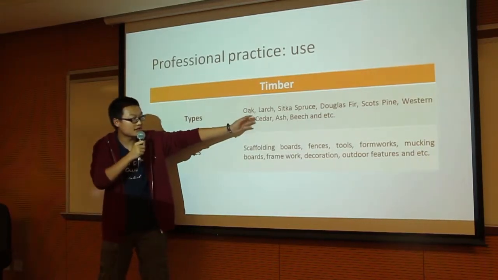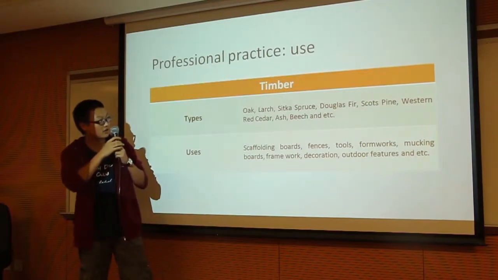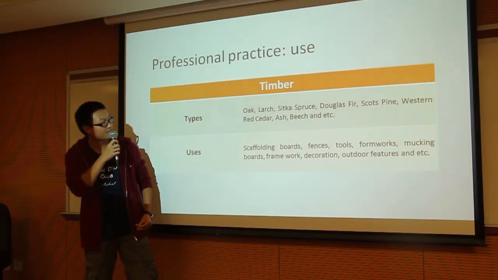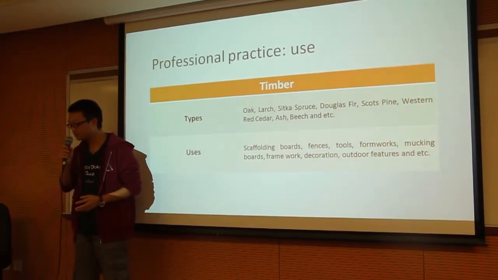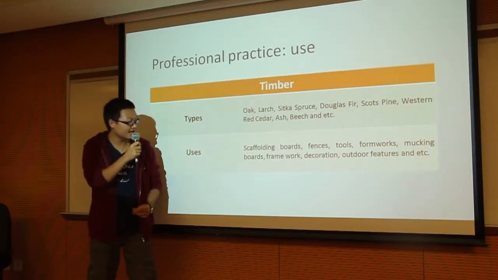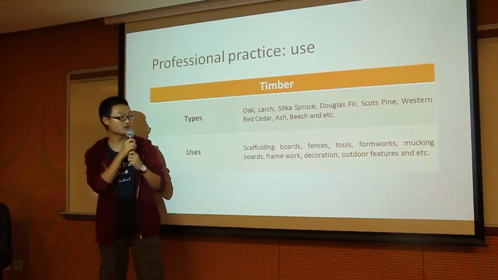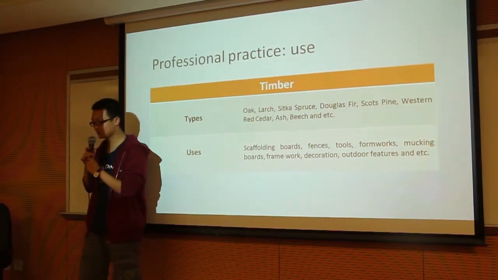There are many types here, such as oak, larch, Sitka spruce, Douglas fir, Scots pine, western red cedar, ash, beech, and etc. And for uses, it is widely used in the construction site for scaffolding boards, fences, tools, formworks, and marking boards, and some other indoor and outdoor facilities.